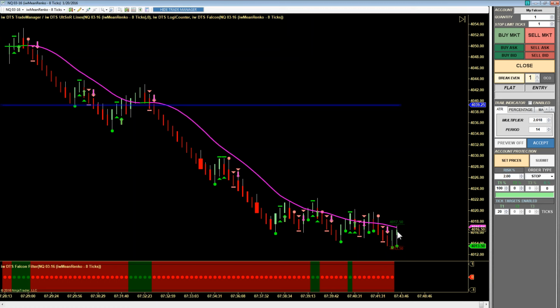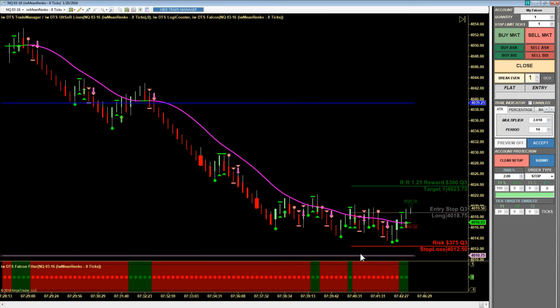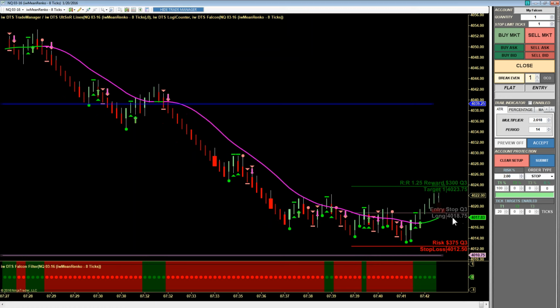So let's say I was anticipating, where will the market print the triangle and hash mark based off of this warning dot that I'm getting? Well, here's a warning dot now to the downside. I know it's going to print at one tick below the low, or in this case, one tick above the high. So if I know the high is 40.18 half and I wanted to buy it on a rally, I could already set my order at 40.18 3/4.